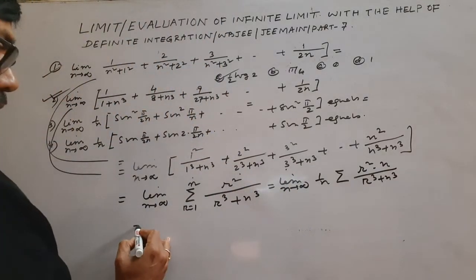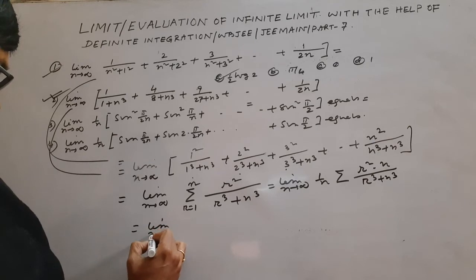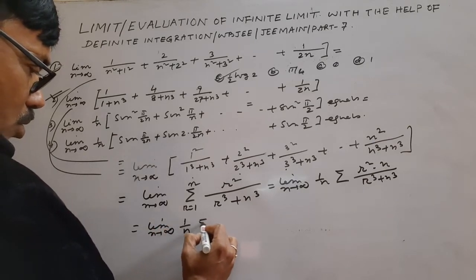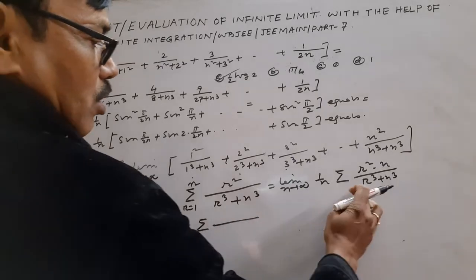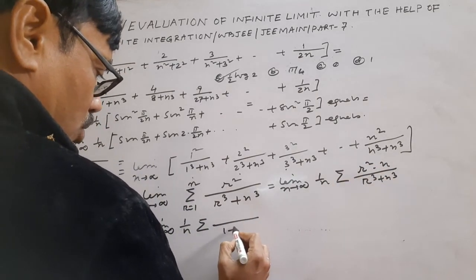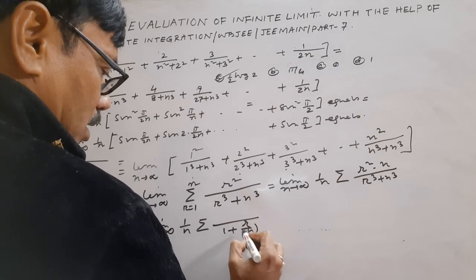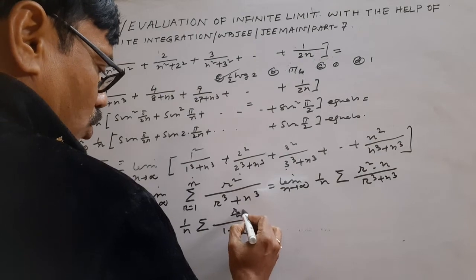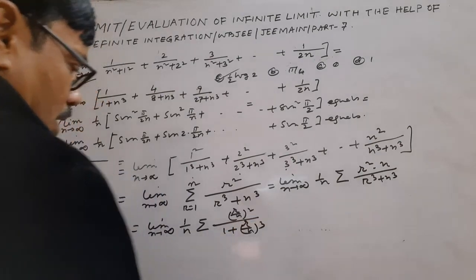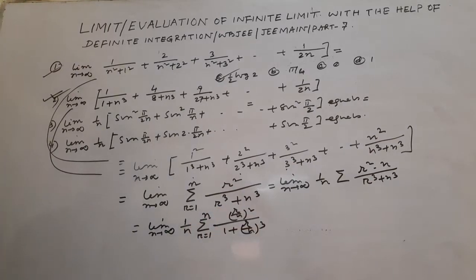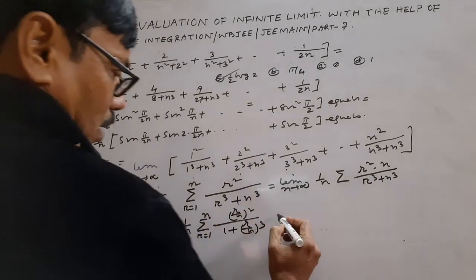Next, limit n tends to infinity, 1 by n. To express it as a function of r by n, divide throughout by n cube. So 1 plus r by n whole cube, and this is r by n whole square, r equals 1 to n. So this is our main aim: 1 by n and a function of r by n.